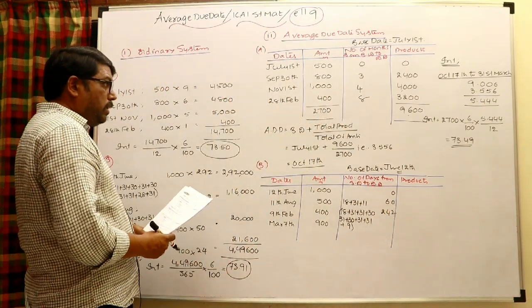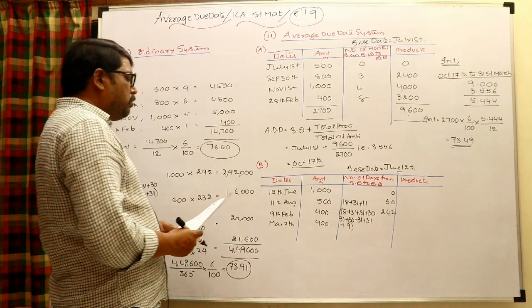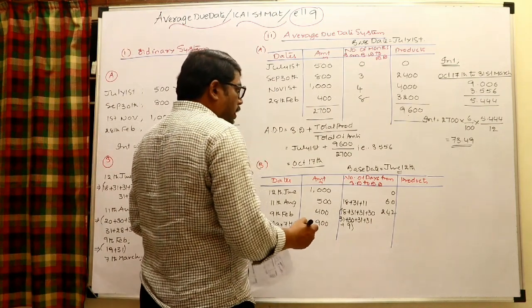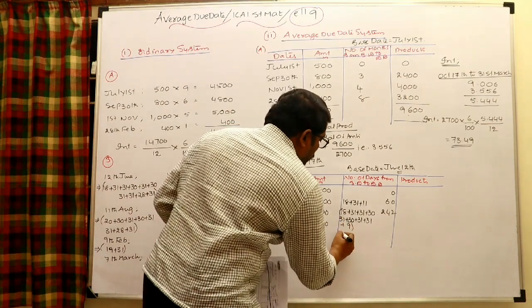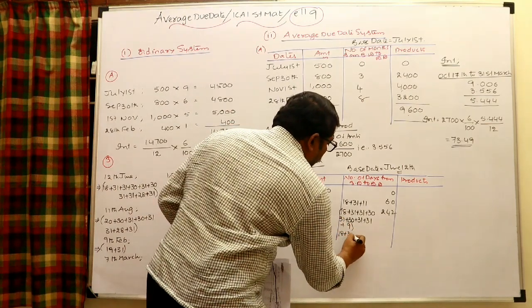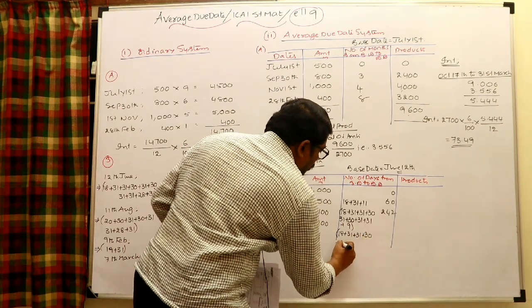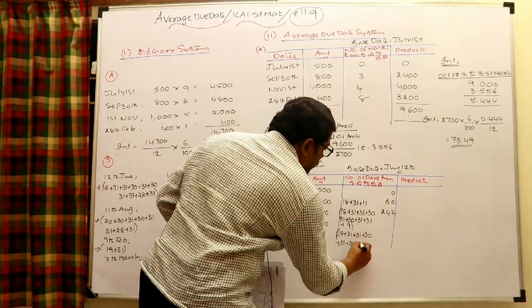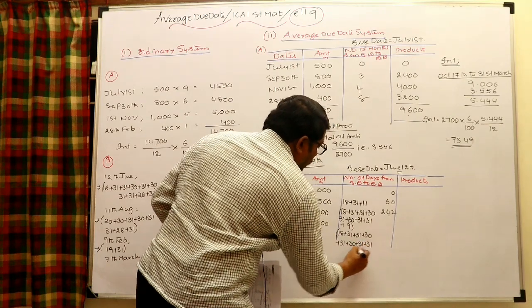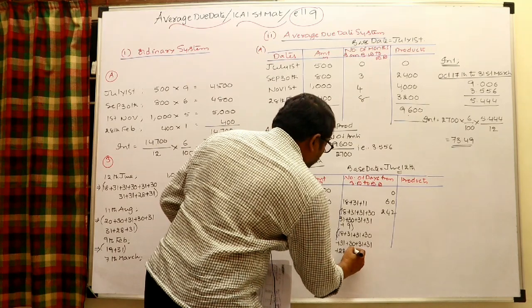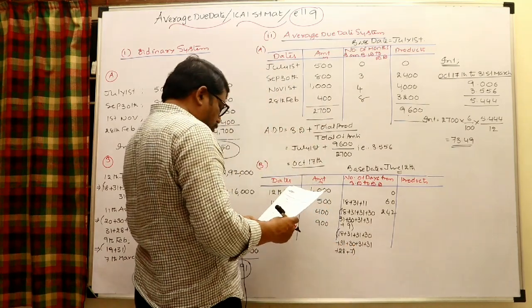Number of days 242. Again from June 12th to March 7th, take the number of days: June 18, July, August, September, October, November, December, January, February, and March 7th, and take the total number of days.